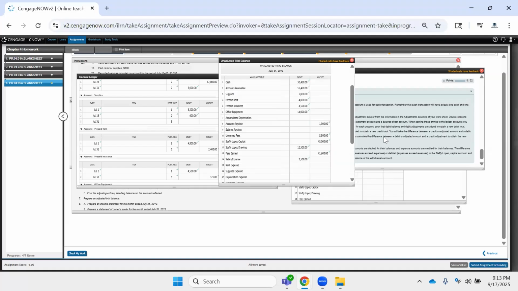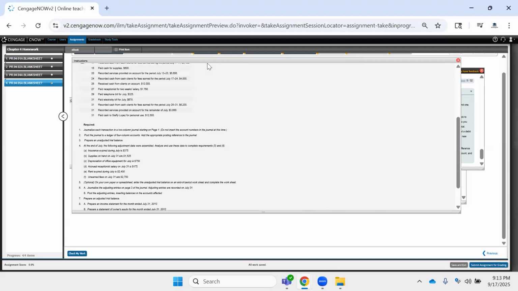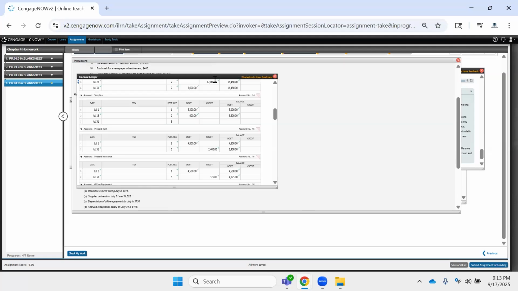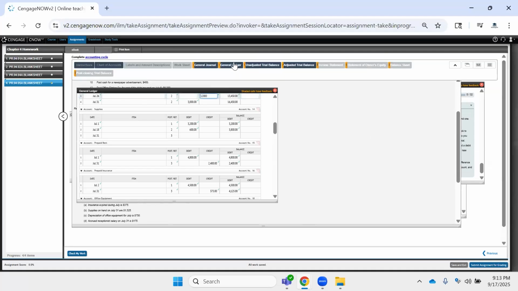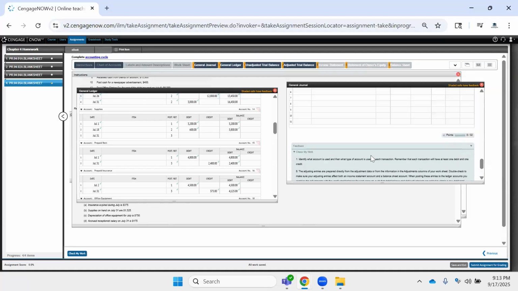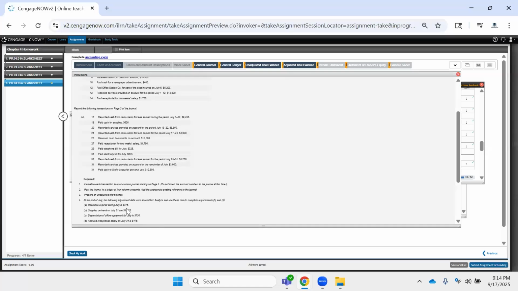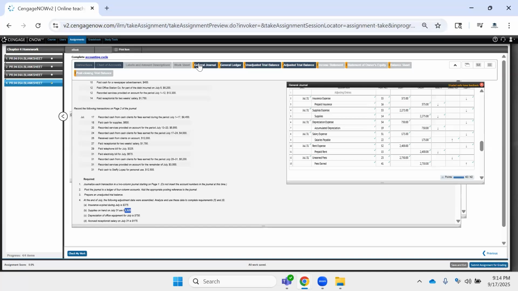And remember our entry was a reduction in supplies of 2,275. And it was supplies on hand. We had to make sure our supplies on hand was 1,525.